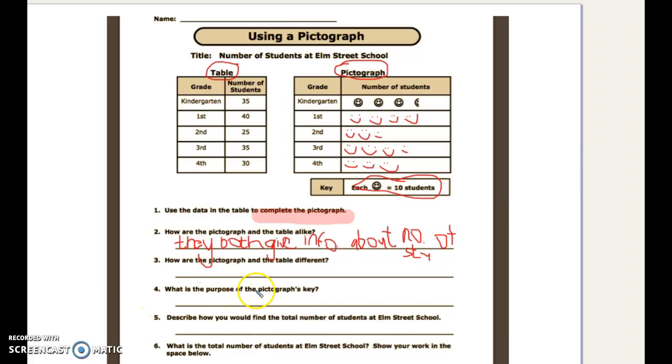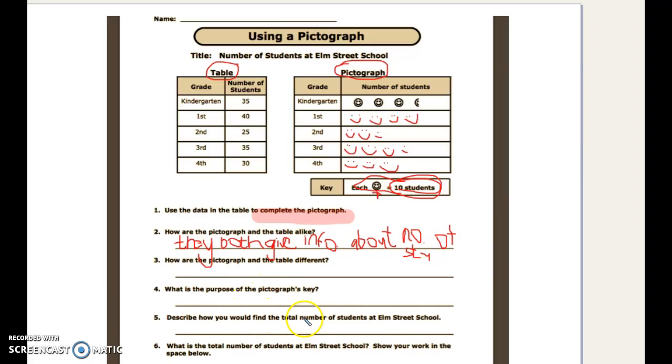What is the purpose of the pictograph's key? I kind of just talked about that. The pictograph's key tells us for each smiley face that you see, that represents this amount of students.